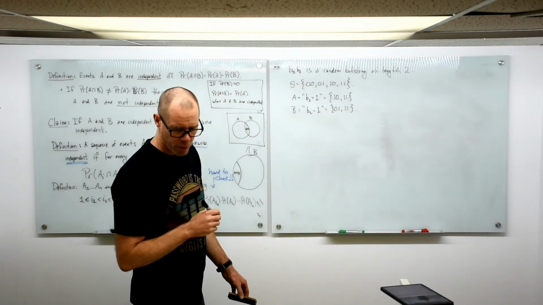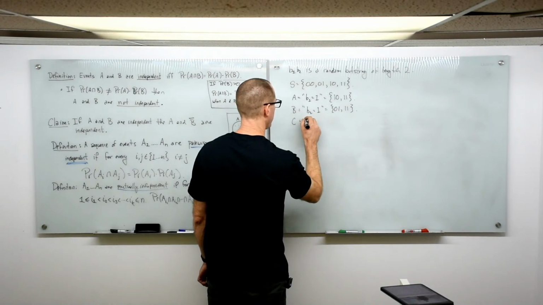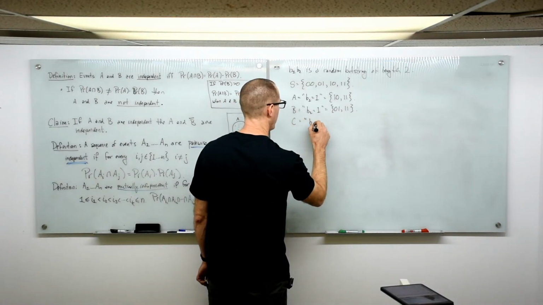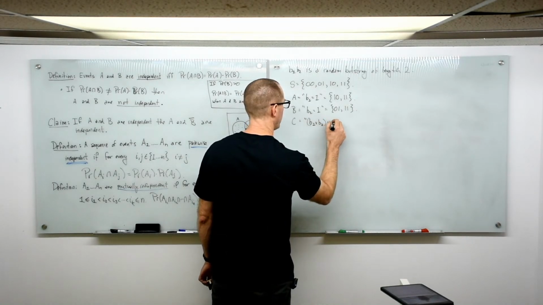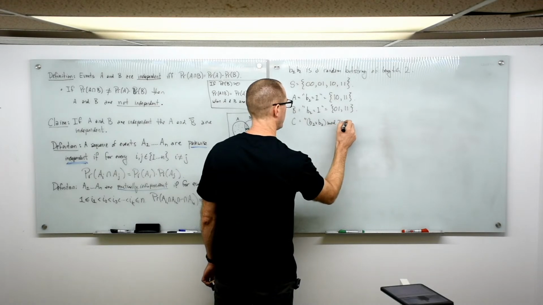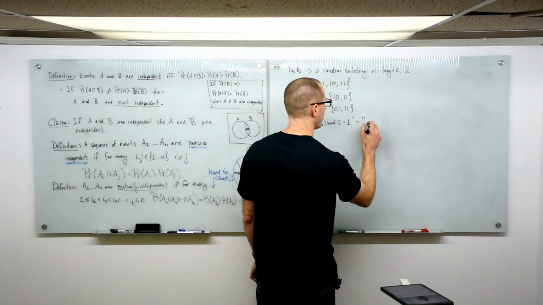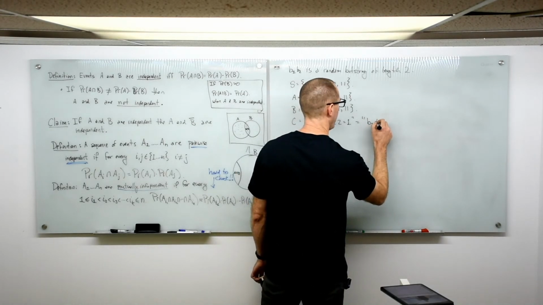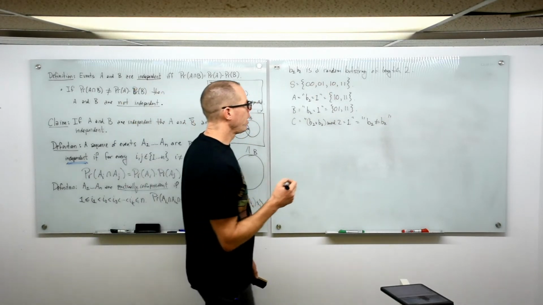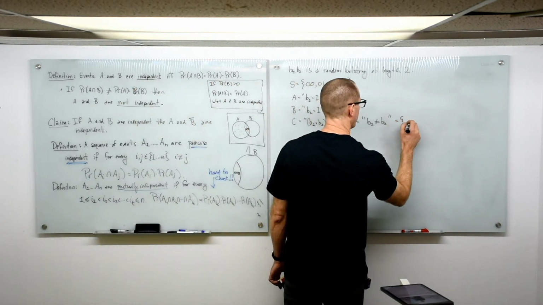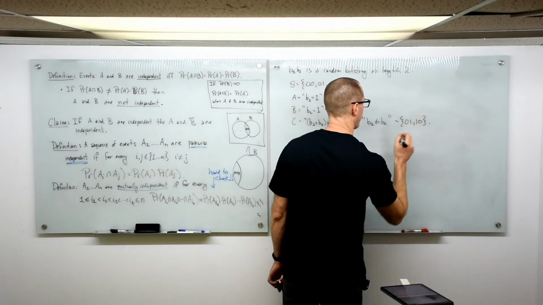Let's throw in a third one. C is equal to the event B1 plus B2 mod 2 equals 1. That's a long-handed way of saying B1 and B2 are different. And that event looks like this. 0, 1, and 1, 0.